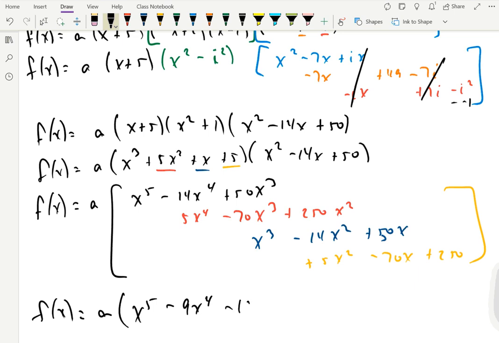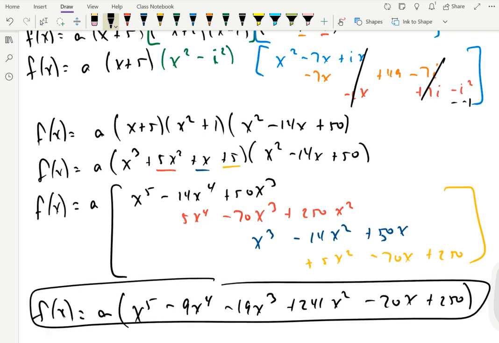So minus 19x cubed. Let's see, I've got a 250, 255, minus 14. 255 minus 14, let's call it 241x squared. That's going to be a minus 20x. And then we have the 250. Wrap that up.